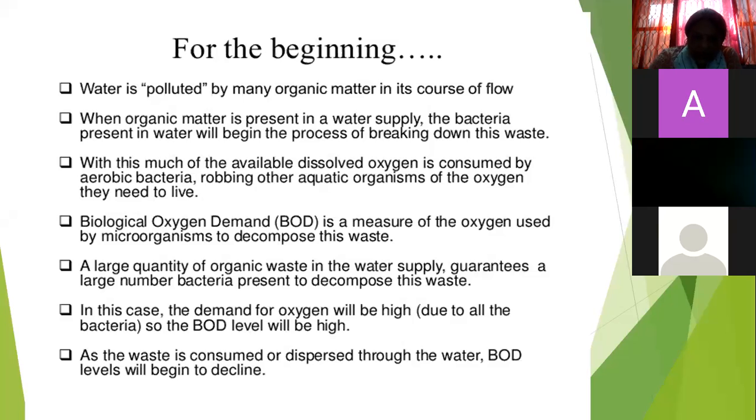So, a large quantity of organic waste in the water supply guarantees a large number of bacteria present to decompose this waste. So, in this case, the demand for oxygen will be high due to all the bacteria. So, the BOD level will be high. As the waste is consumed or dispersed through the water, BOD levels will begin to decline.